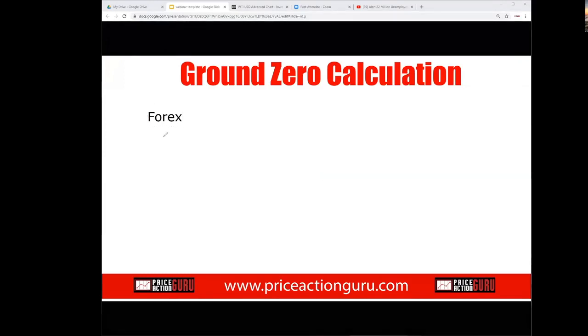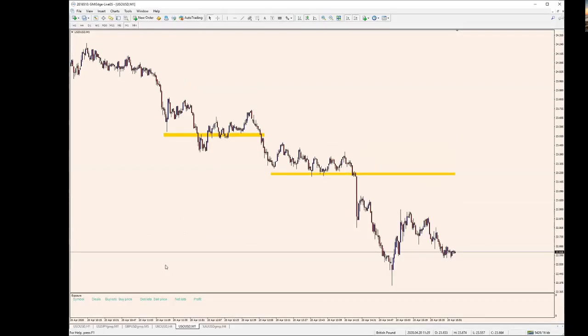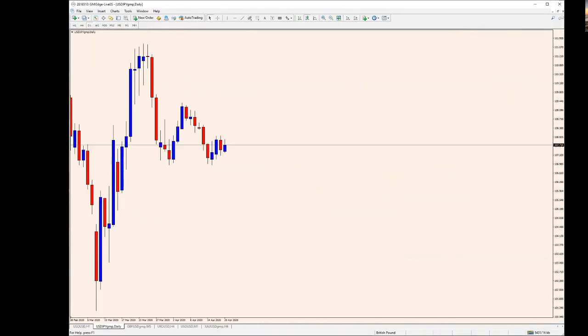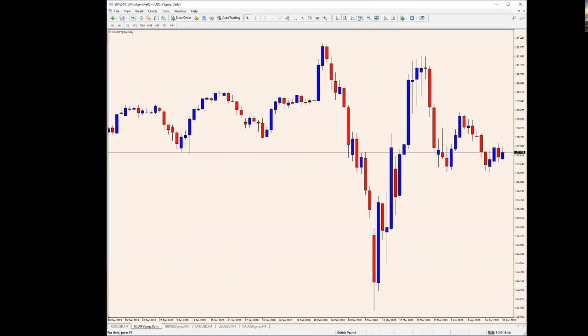Let's see. Let me go to MT4, it's easier for you. Let me go into dollar yen. Look at dollar yen.